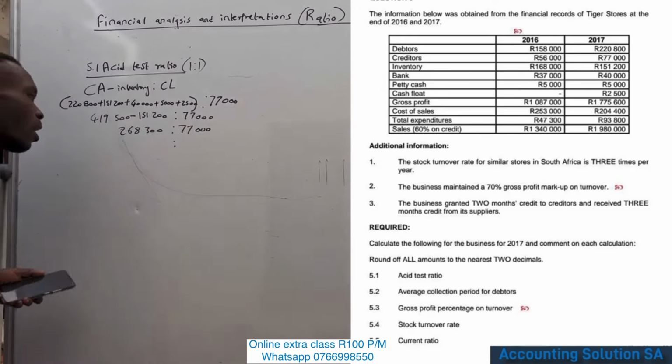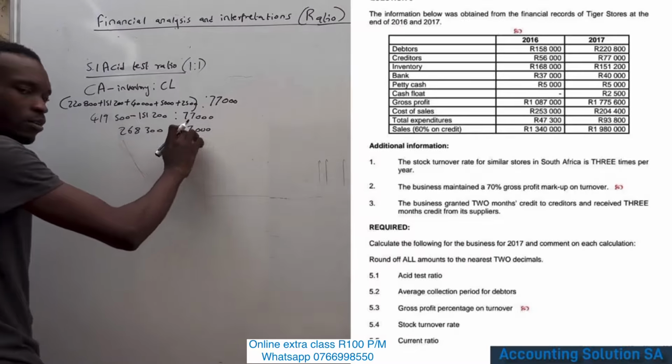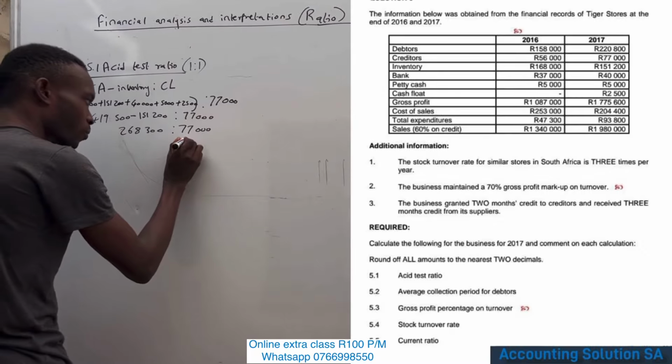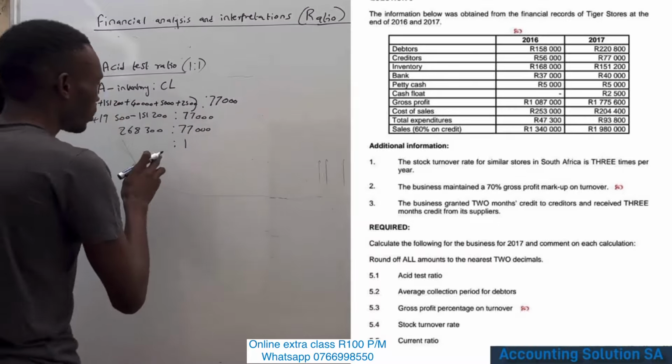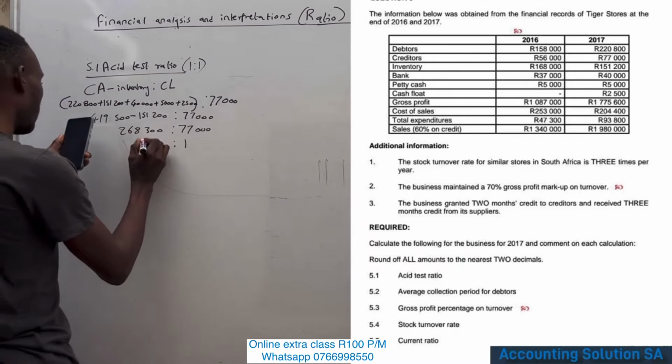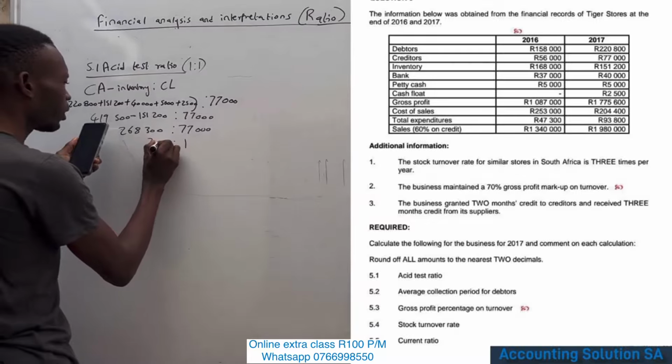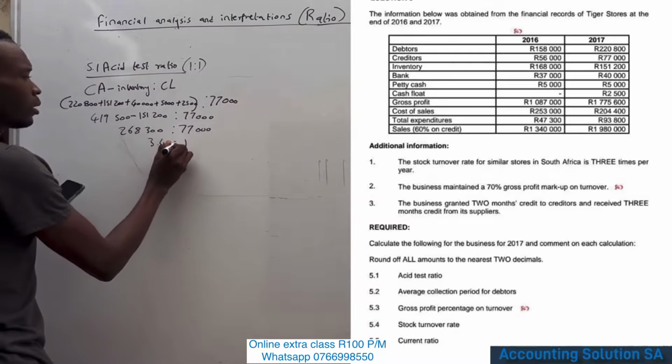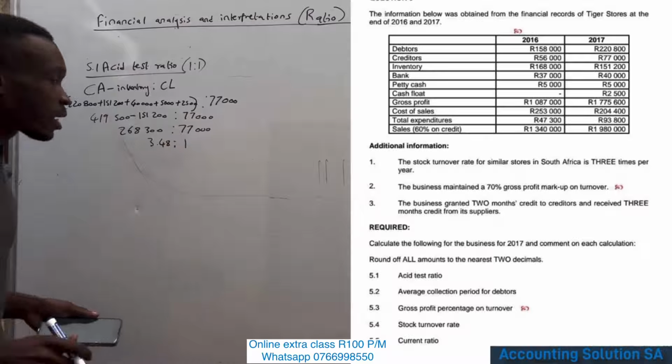Okay, then after that you divide this one by this one, this side is always 1, and you're going to get an amount of 3.48 is to 1. So now it's time to comment.